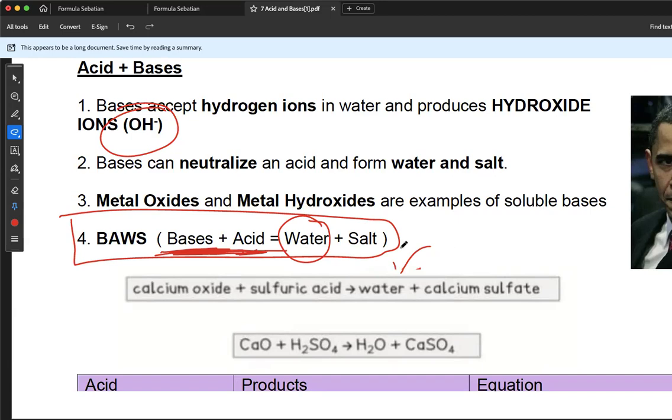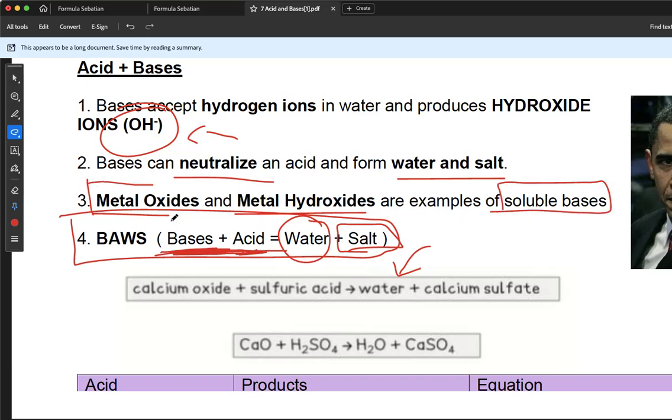But ultimately, the salt will also be formed as well, right? Once again, they highlight that for anything to be considered a base, the hydroxide ions must be present. Neutralization will always produce salt and water. This is a must. Yeah, and metal oxides and metal hydroxides are examples of soluble base, guys.